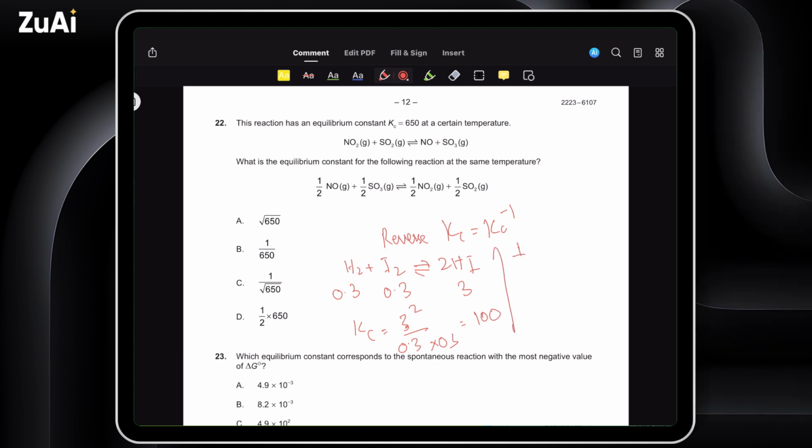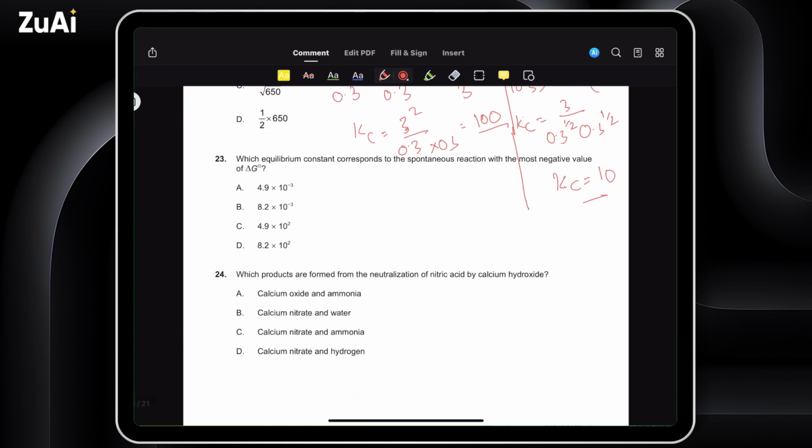If we take the reciprocal, 1 by 2 H2, 1 by 2 I2, HI, again 0.3, 0.3 and 3, Kc is equal to 3 over 0.3 to the 1/2, 0.3 to the 1/2. See, the Kc answer is 10. Initially it is 100, now it's 10. That means we have to take the square root.